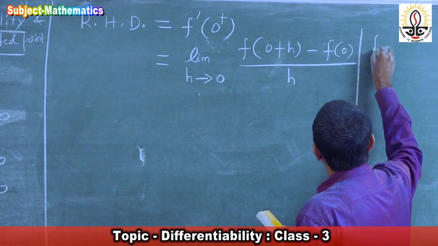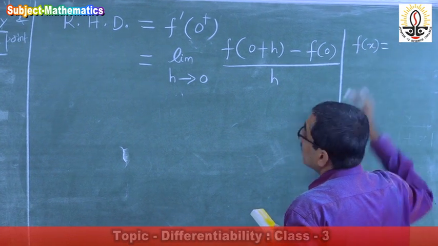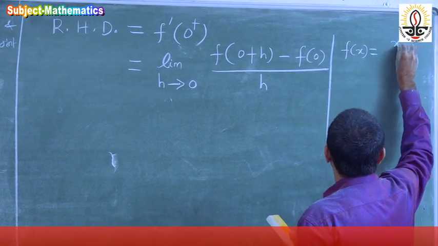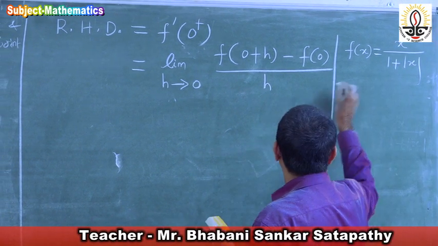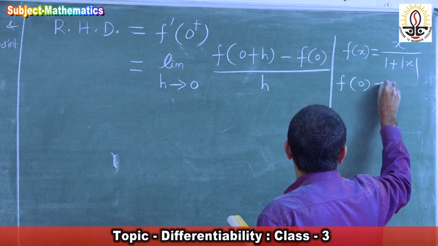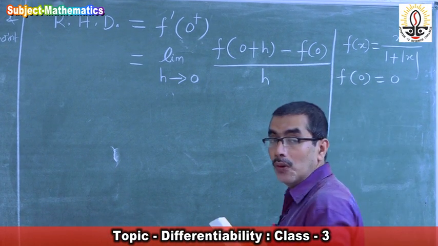See, what is f of x? f of x is equal to x divided by 1 plus modulus of x. We have found out f of 0 is equal to 0.